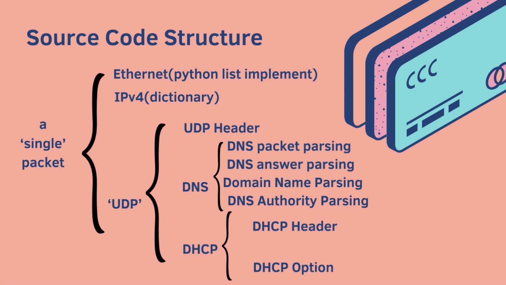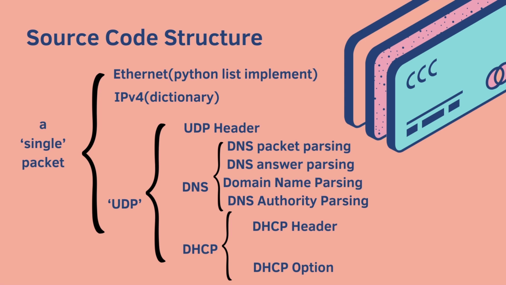UDP is a hard thing because the last part, DNS or DHCP, is largely dependent on the UDP port. So what we do is we make DNS and DHCP actually a part of UDP during the implementation, but for ease of reading, in the output we put UDP, DNS, and DHCP in parallel positions.